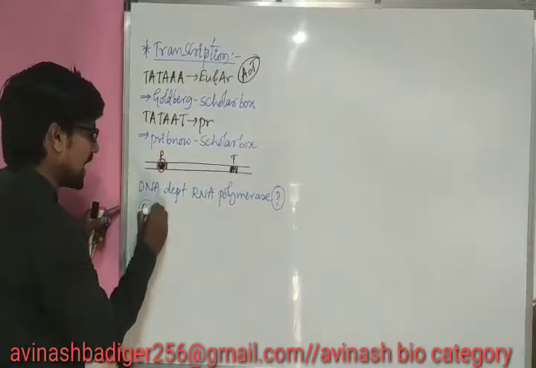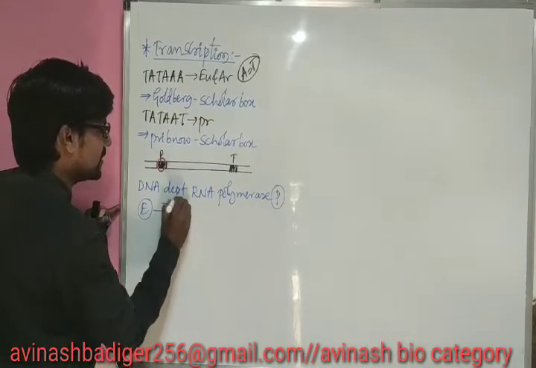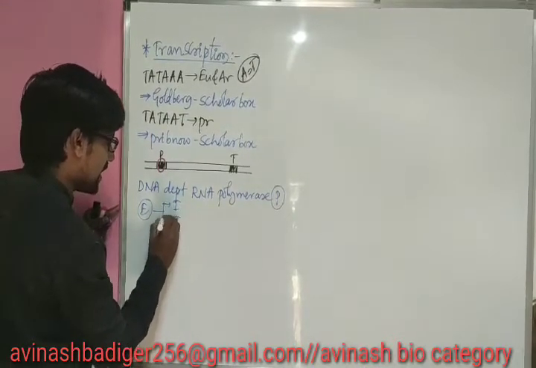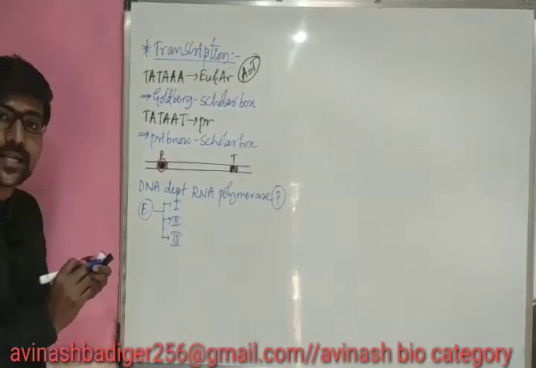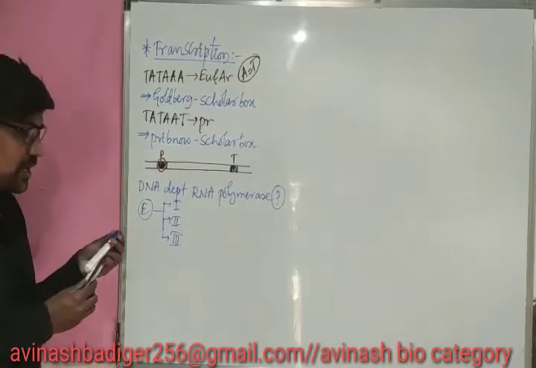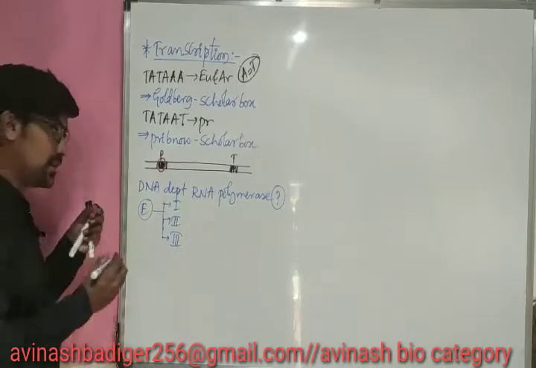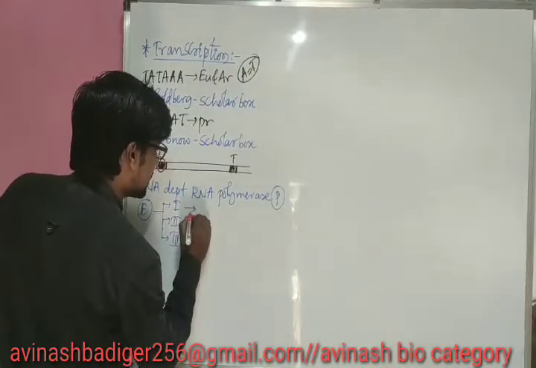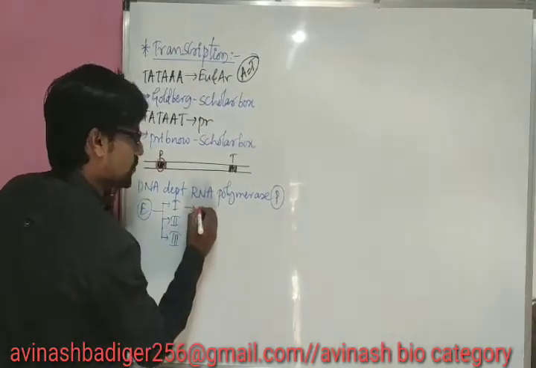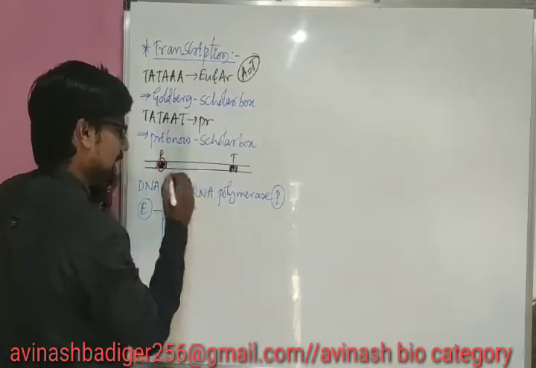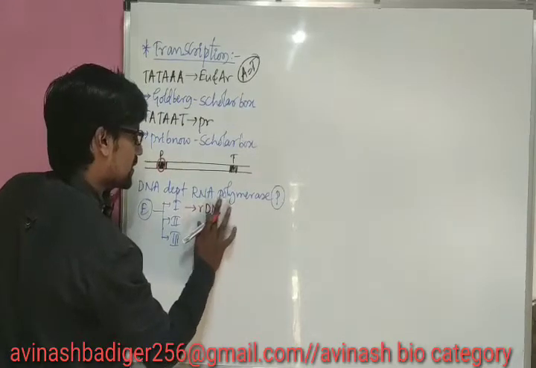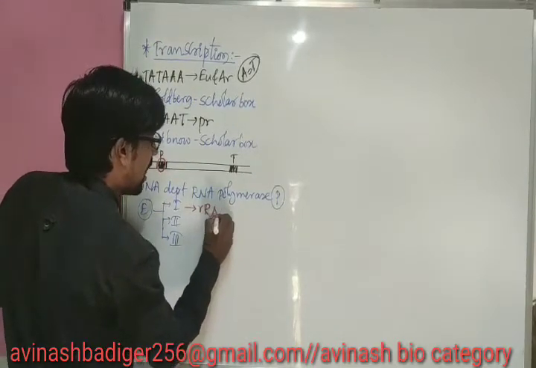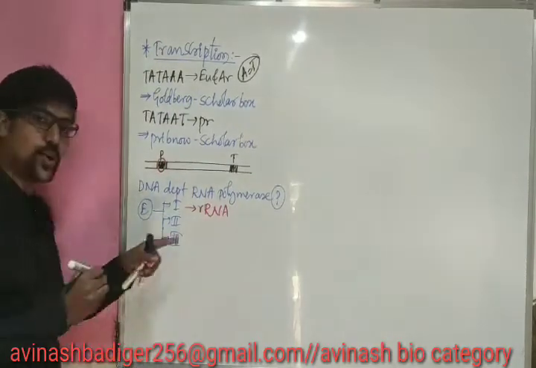If it is a eukaryote, it has three different types of enzymes: RNA polymerase 1, RNA polymerase 2 and RNA polymerase 3 in eukaryotic transcription. RNA polymerase 1's speciality is that it transcribes rRNA, the ribosomal RNA.